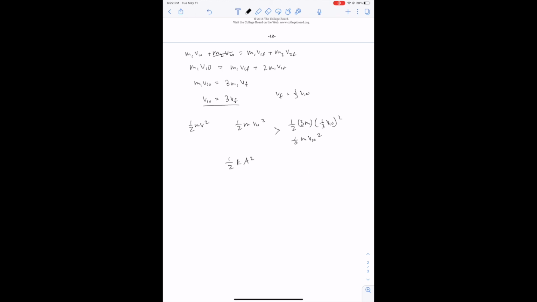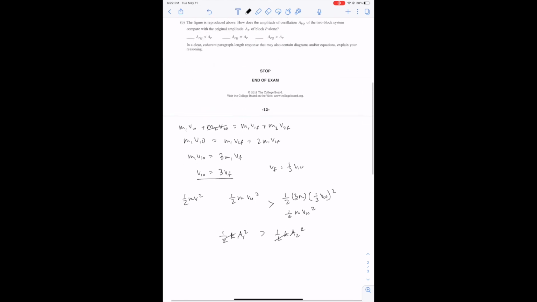And we know that if the left side of the equation above is greater than the right, then the equation below is going to follow the same principle. So we know that A1 is going to be greater than A2, because these two are constant. So the new one is just going to be less than.